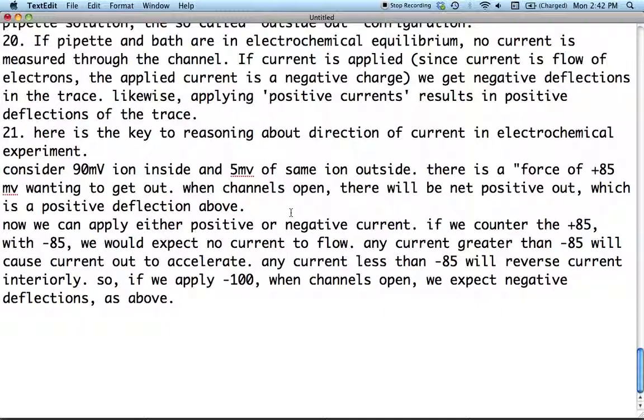So clearly, assuming that this is an outside-out configuration, potassium wants to get out, because that's the way the channels would be oriented. Basically, you've got this plus 85 that wants to get out, right? So when channels open, you're going to have potassium rushing out, and so you're going to see positive deflections when the thing opens.